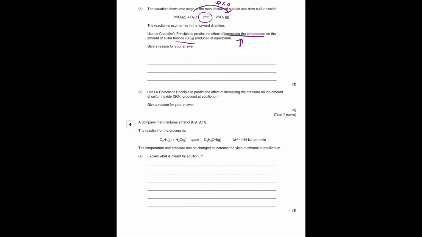So if we increase our temperature, then equilibrium is going to shift to decrease our temperature and therefore favour our endothermic reaction, which takes in energy. In this example, if our forwards reaction is exo, then our reverse is going to be our endothermic. So if our reverse reaction is favoured, we are going to be favouring our left-hand side, using up our SO3, and so we're going to be decreasing the amount of SO3.